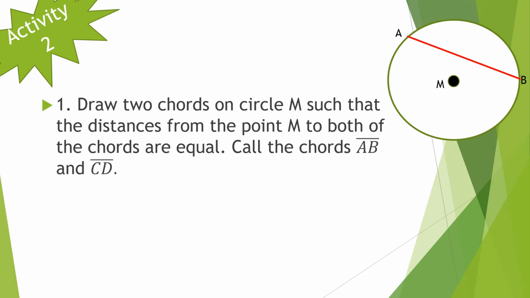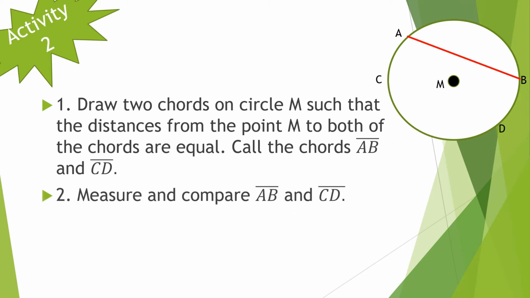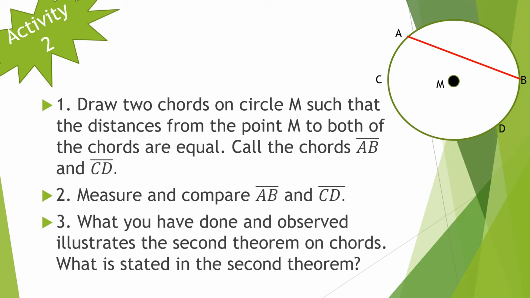So we have here circle M and the chords AB and CD. So measure and compare line segment AB and CD. If you're going to measure the chords AB and CD, what do you observe?